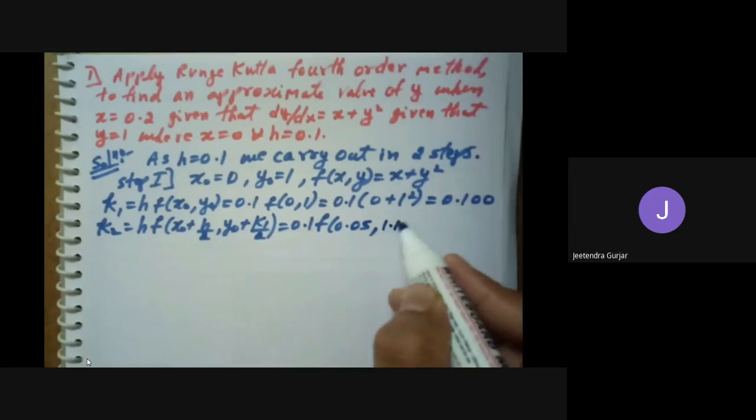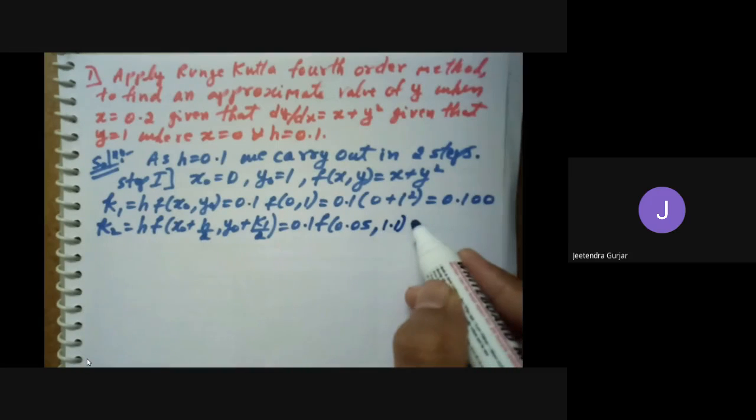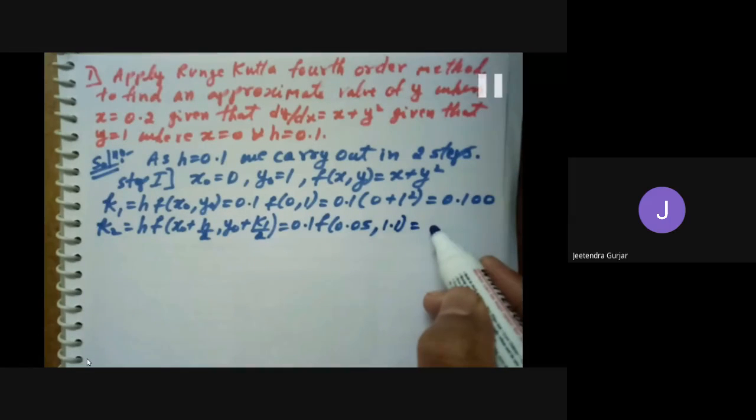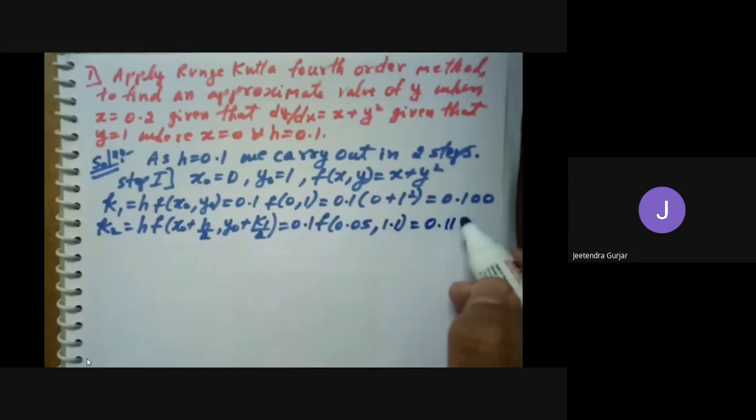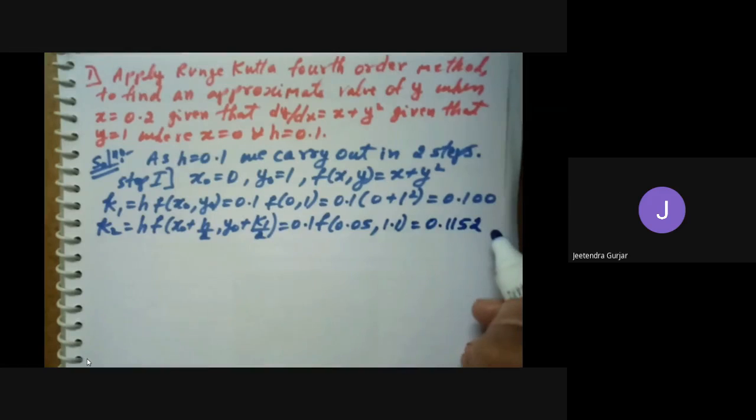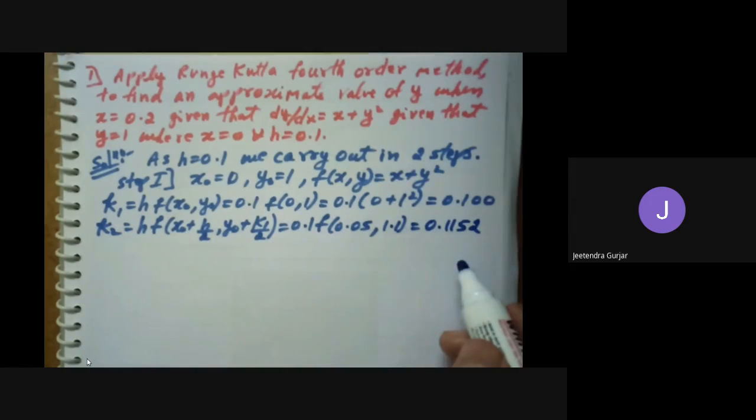It is 1.1. Yes, very good, student. So like this you have to simplify. Now substitute in the given function. So x here 0.05 and y we get 1.1. So when you simplify this function, students, please write down fast, it is 0.1152. So this is how we are finding the k2.